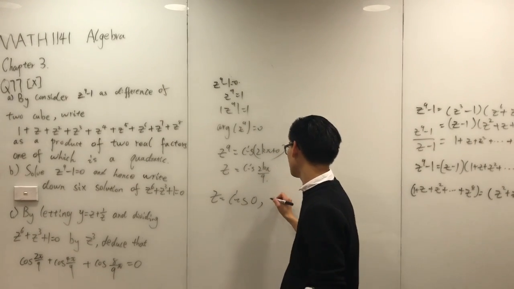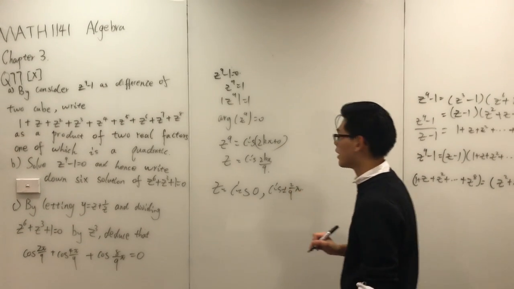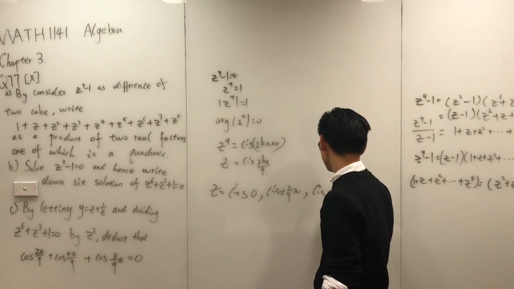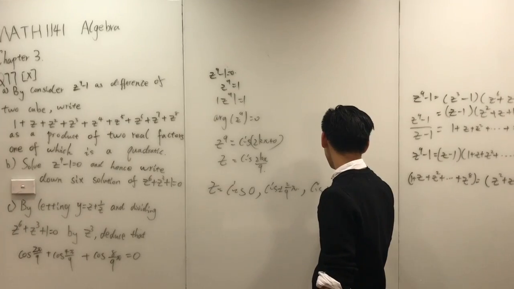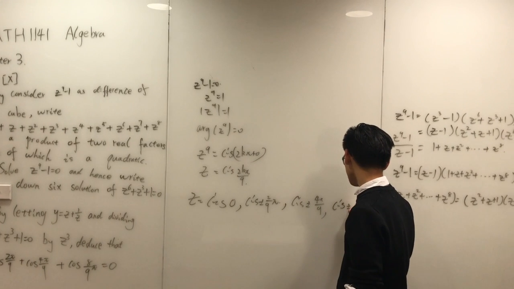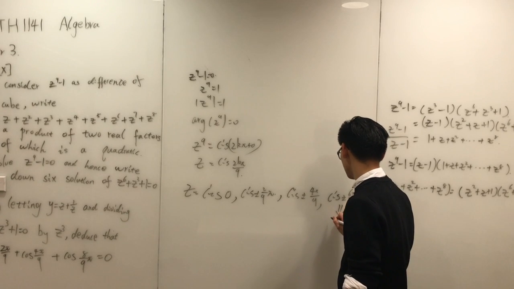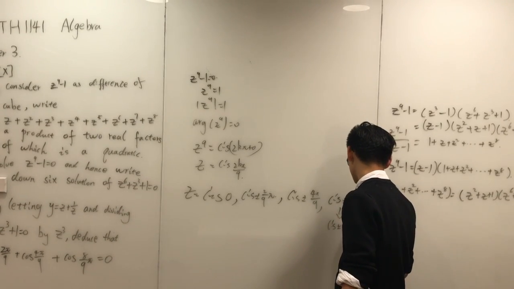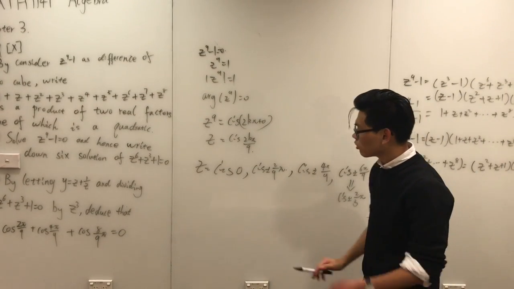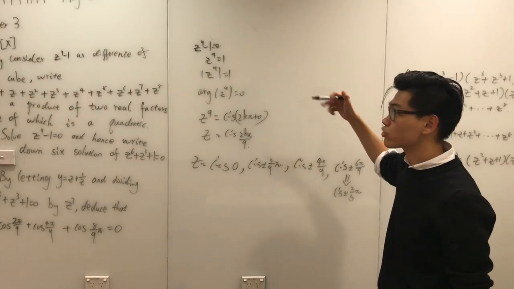K equals 1 or minus 1, we get cis of plus or minus 2 pi over 9. K equals 2, we get cis of plus or minus 4 pi over 9. And k is 3, so we get cis of plus or minus 6 pi over 9, which is cis of plus or minus 2 pi over 3. Right? So we have 9 roots here because z to the power of 9 minus 1 is supposed to have 9 roots.